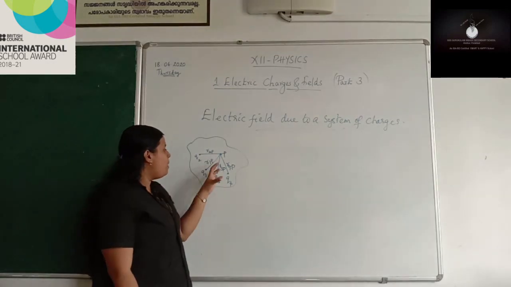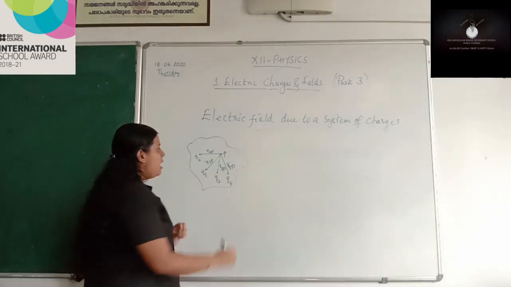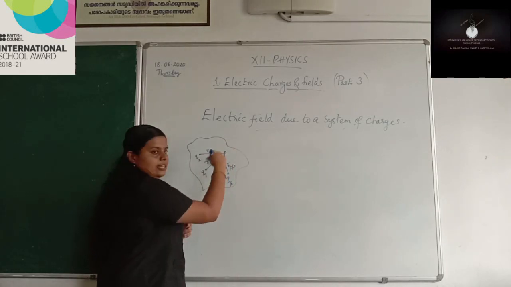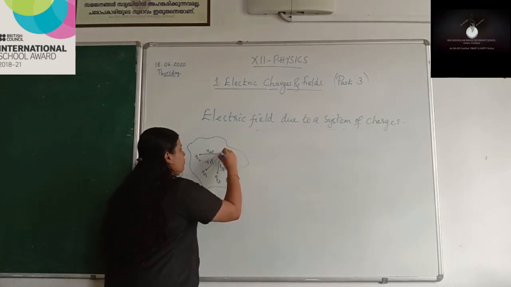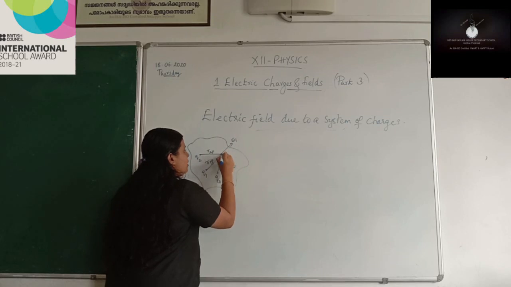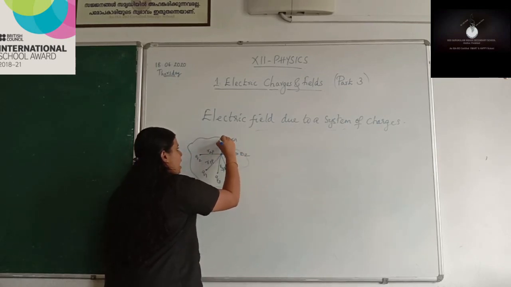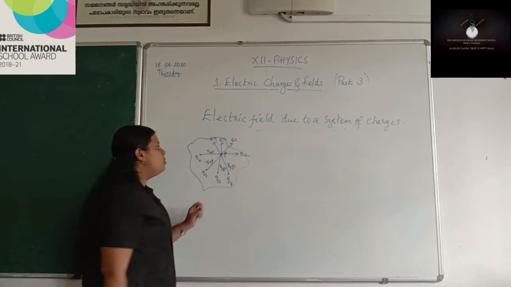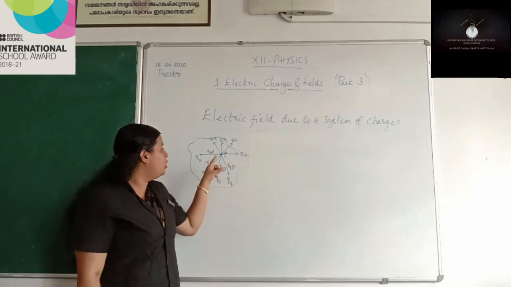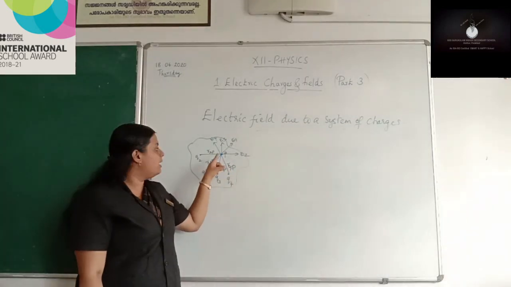So what about the electric field at this point due to these charges? Of course there will be electric fields E1, E2, E3 and E4.